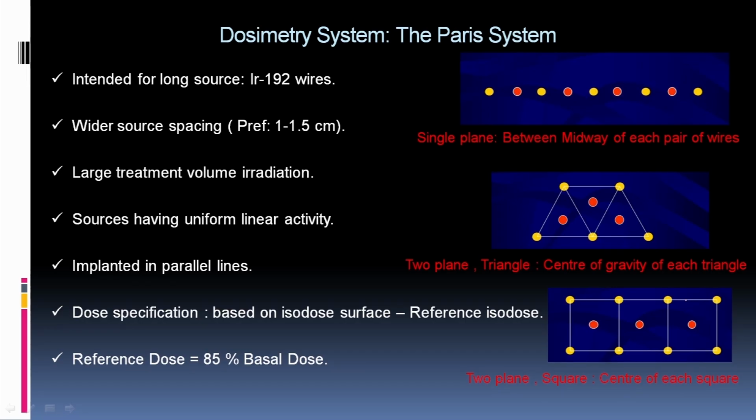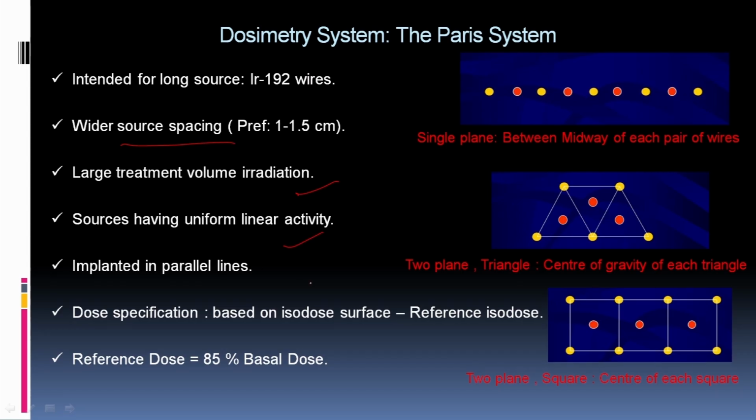So, iridium 192 wires are used for temporary interstitial applications. And here we have a relaxation of source spacing to more than 1.5 centimeter, and this Paris system is defined for large treatment volume irradiation and sources having uniform linear activity.